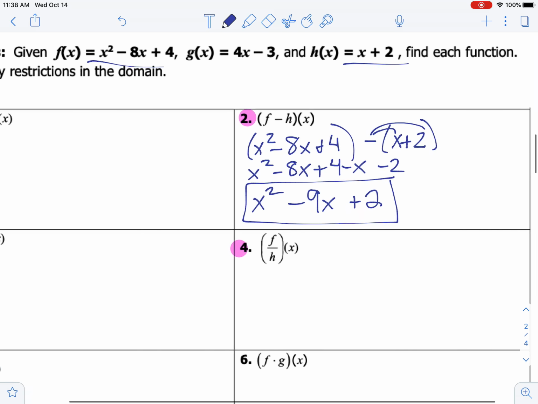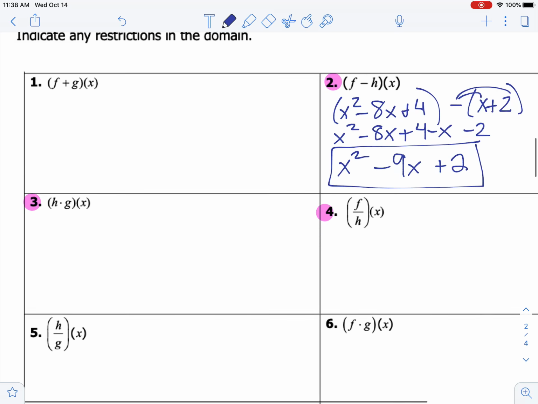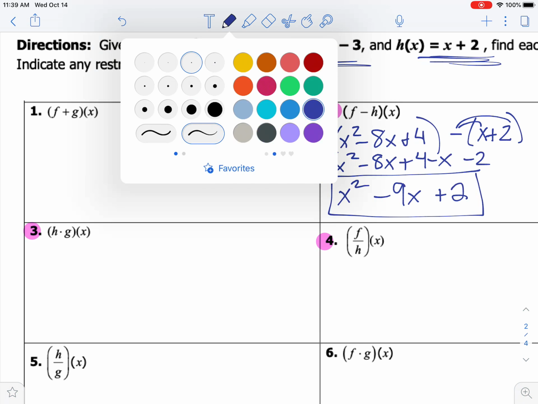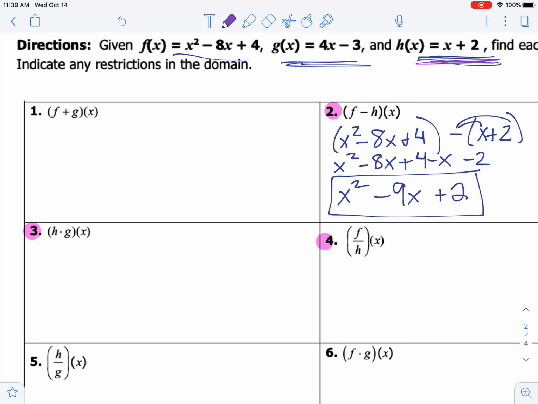Okay. Number 3, remember to just pause the video if you need me to slow down, okay? Number 3, I am using the h function and the g function, okay? The h and the g. This one and this one, okay. So this one's multiplication. H comes first. Again, I'm using parentheses.